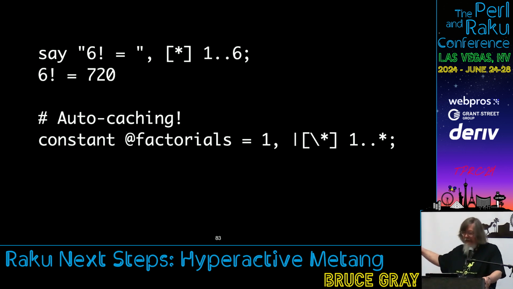And I won't get into how this works, but there's an ultra cool thing where we use lazy lists here. We have an infinite list of 1 to infinity, and you can create auto-caching factorials that after you look up 10 factorial, it automatically knows 1 through 9 from then on and won't calculate more than that unless you ask for more than that.